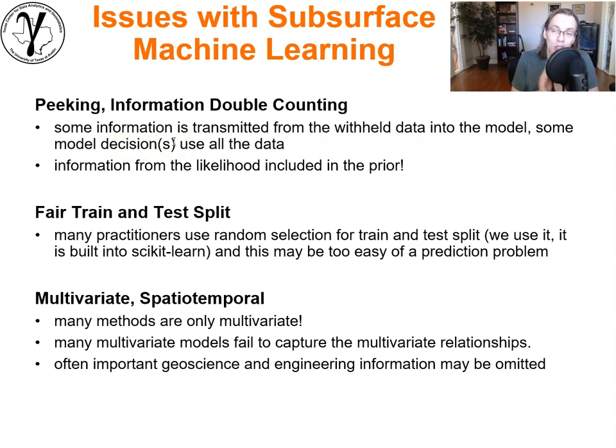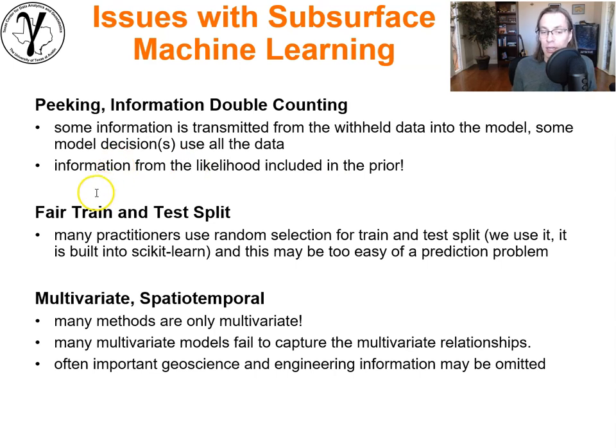And so that's not true validation testing of the model. Also, in Bayesian methods, I see this all the time. Information from the likelihood is included in the prior. Now, this happens all the time. A great professor at Stanford, Jef Caers, talks a lot about just exactly what a fair prior is. It's much wider than we usually expect if we're really honest about what we know.